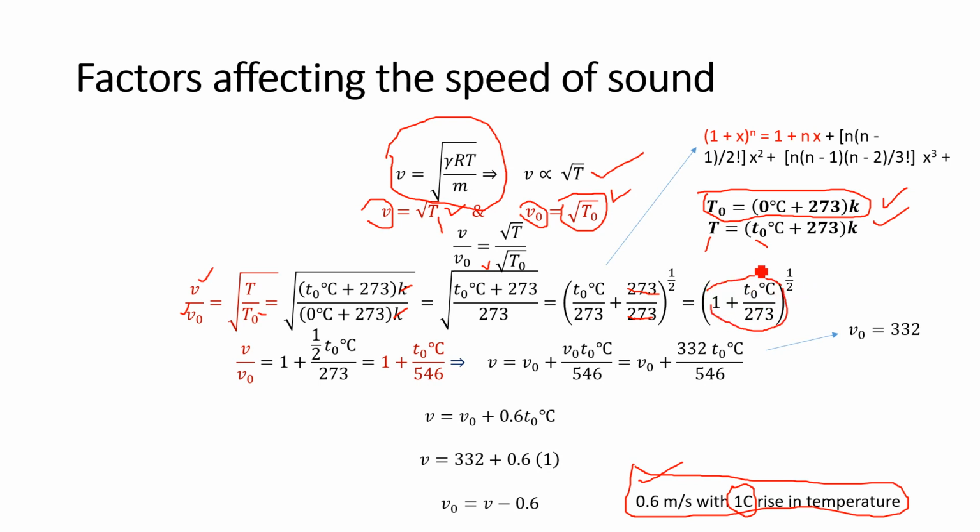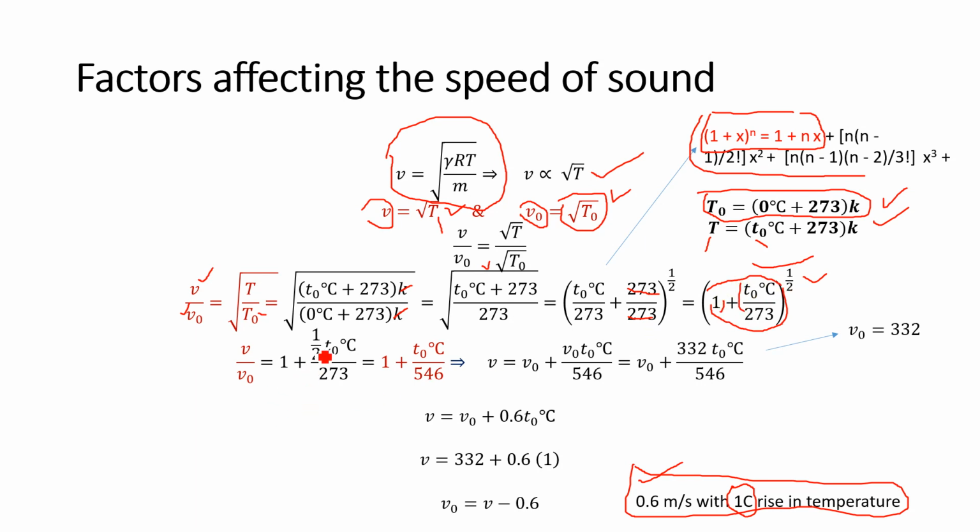Now this is a binomial expression. Here is the binomial solution, and ignoring the other terms, we only consider the initial terms, which is (1 plus x) to the power n is equal to 1 plus n times x. Let's consider this is x and this is 1 and this is power n.